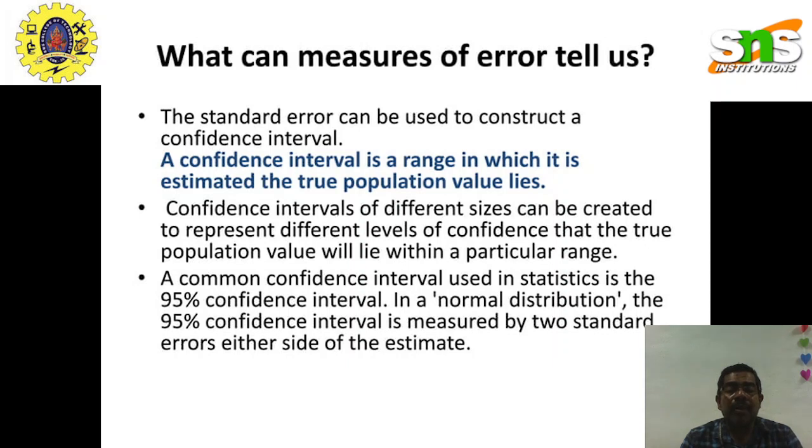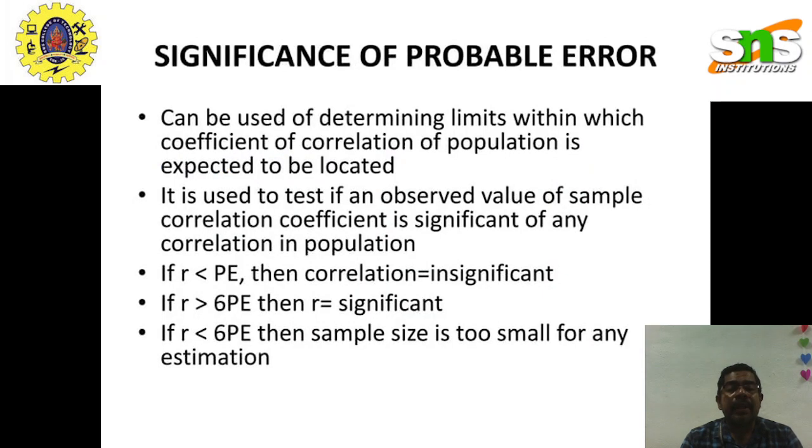When we go with the normal distribution, we should concentrate on what my lower cutoff value is and what my upper cutoff value is. The lower and upper cutoff values play a prominent role when we talk about the normal distribution. So the confidence value should be more. And then in the error case, if the value of the correlation r is less than the PE, the correlation seems to be insignificant.